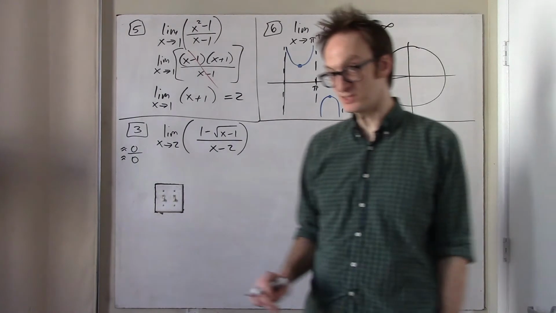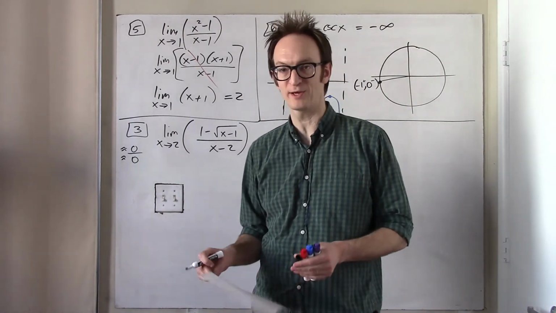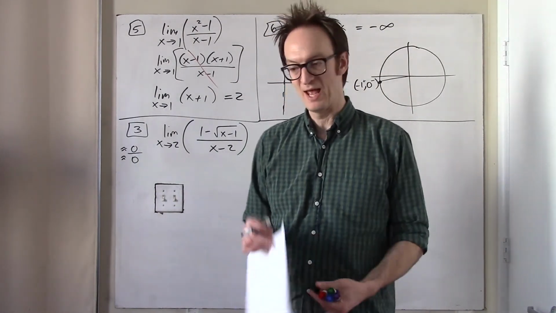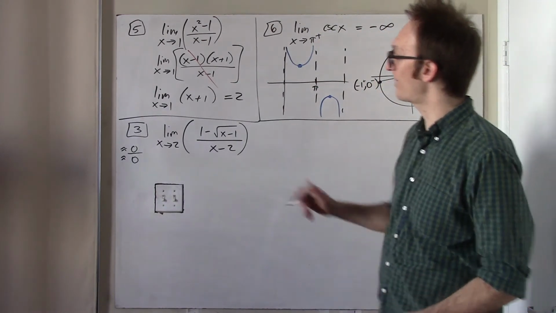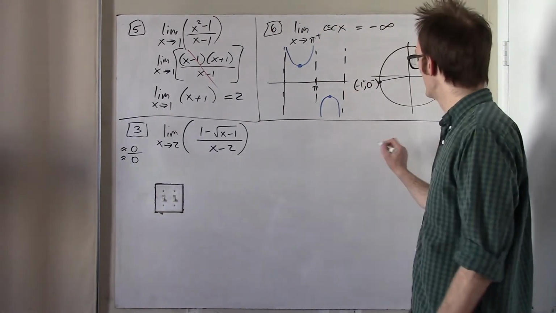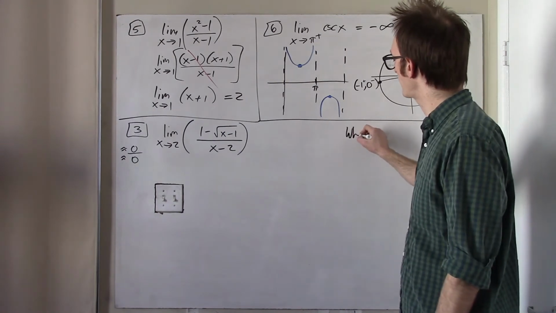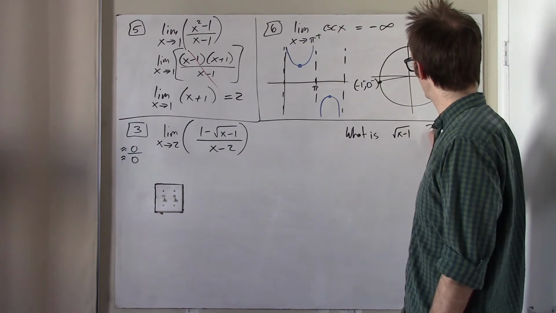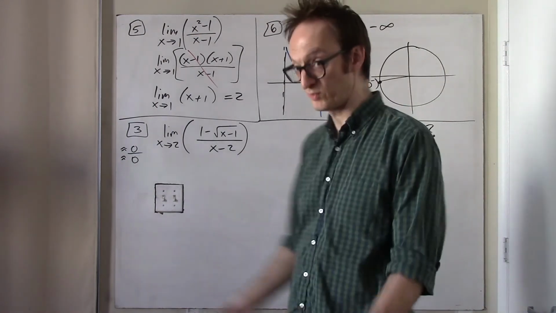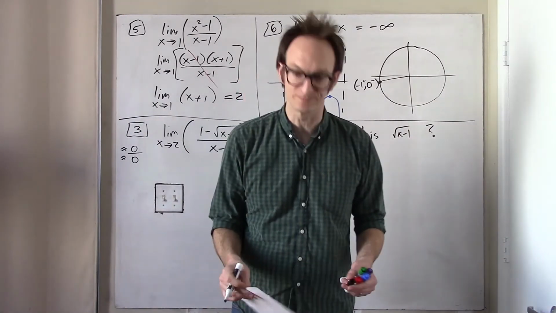Okay, and it's actually very not obvious what the correct thing to do is right now. And it really comes down to the thing that's giving us trouble, which is this square root of x minus 1. So maybe just pause for a minute and ask, what is the square root of x minus 1? What does that even mean? What is the definition of that entire expression?